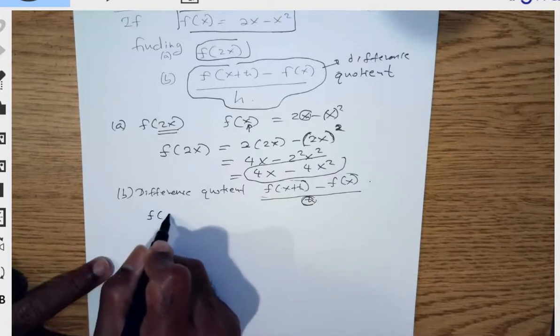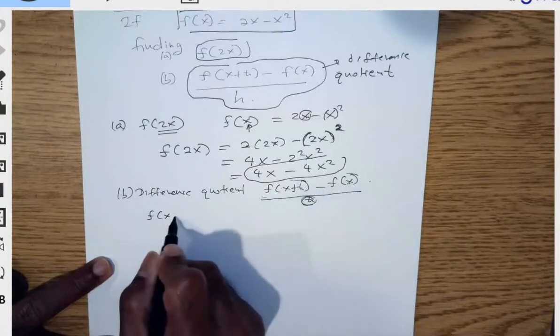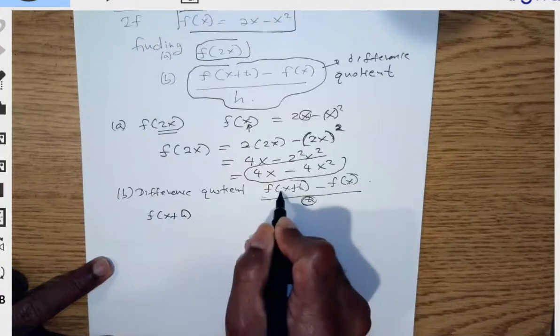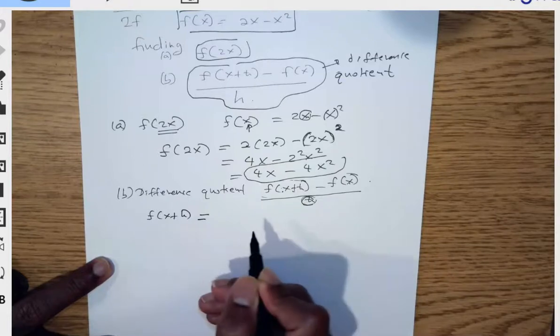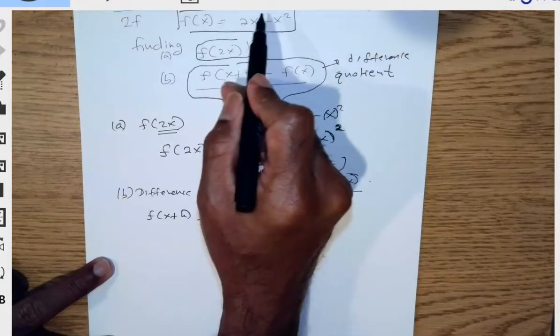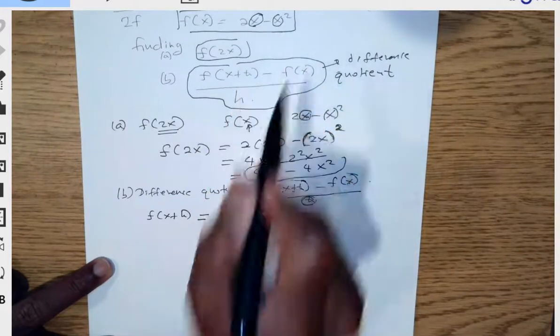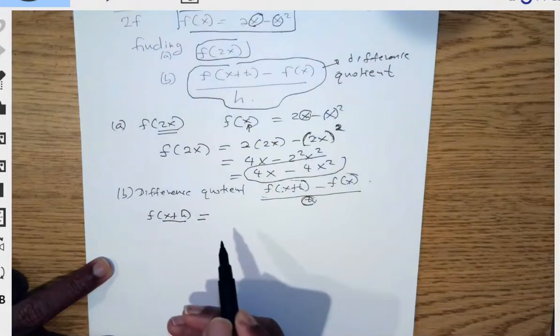Let's do f of x plus h. I'm going to find each piece very slowly. First, let's find this piece. How do you find it? You go back to your function, 2x minus x squared, and wherever you see x, you replace it by the new input, which is x plus h.